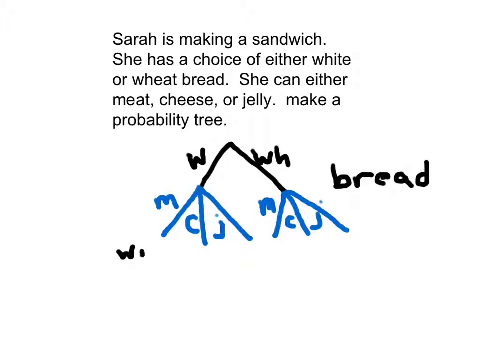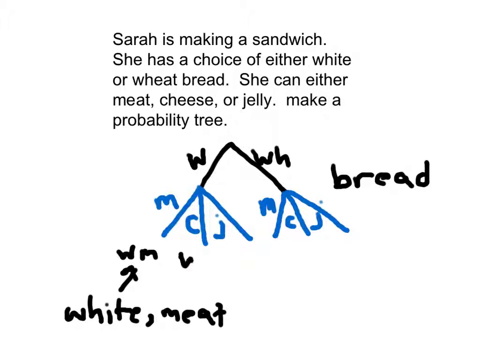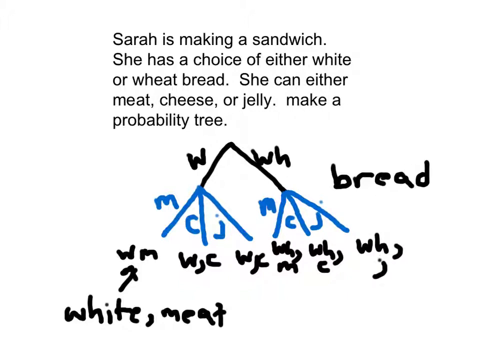Go ahead and just write that out there. WM. I'm just going to write it out here so you can really see it. That's white bread and meat. Here she would have had white bread and cheese, white bread with jelly, wheat bread with meat, wheat bread with cheese, or wheat bread with jelly.